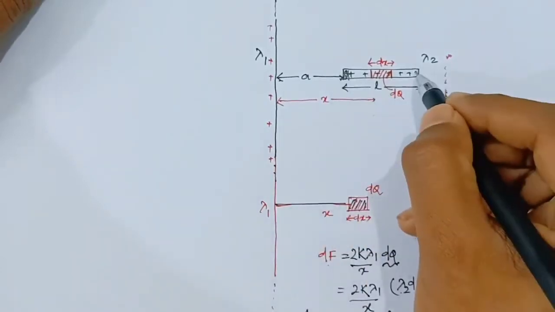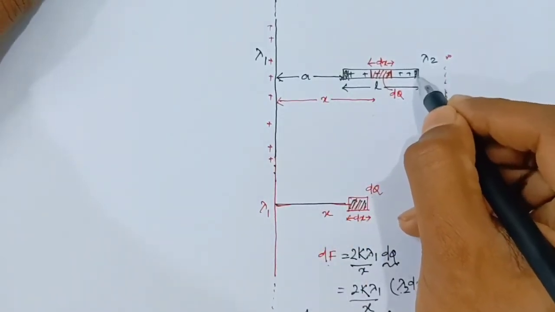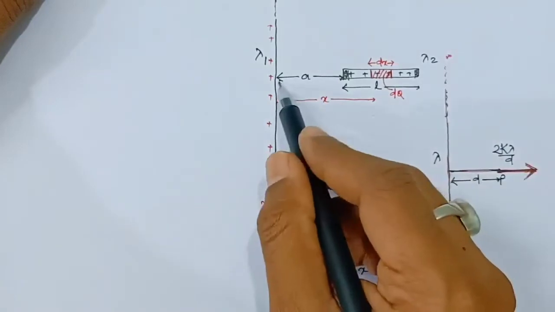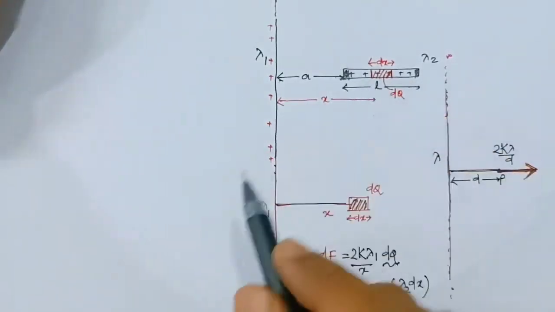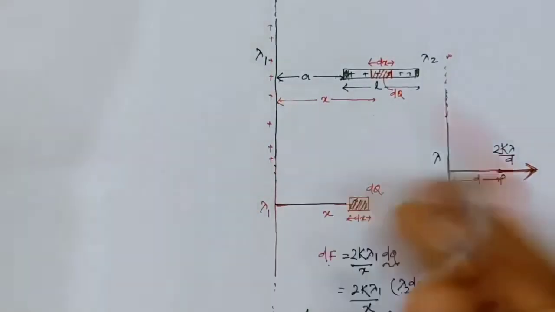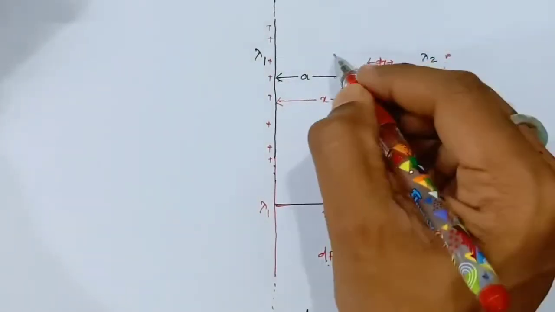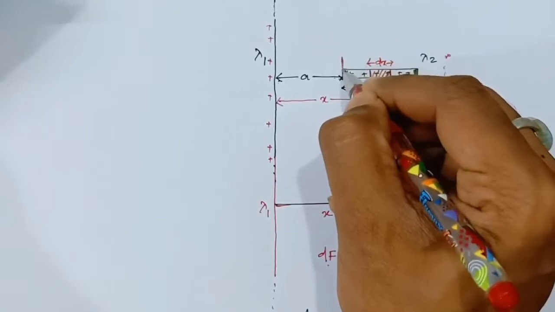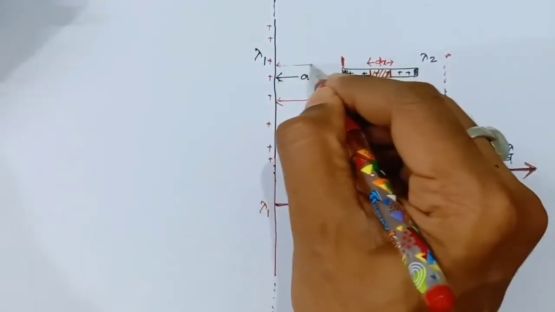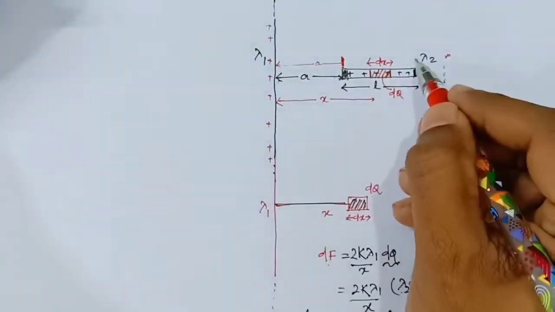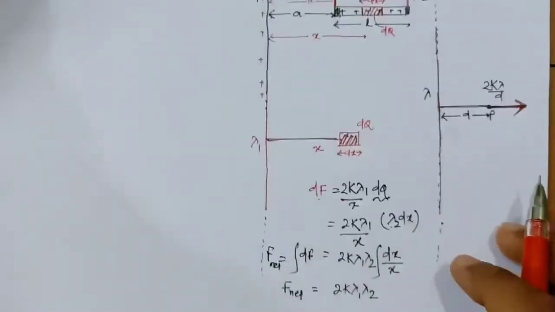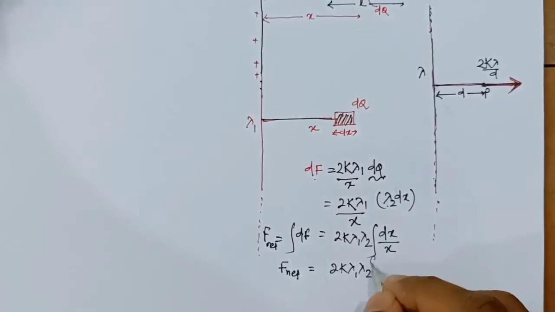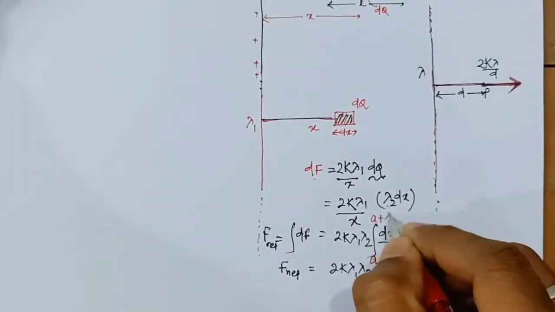If I consider my small element to be here, the limit will be a plus L. It means the minimum limit is a and the maximum limit is a plus L. So it is very clear, fundamentally the limit is a to a plus L.